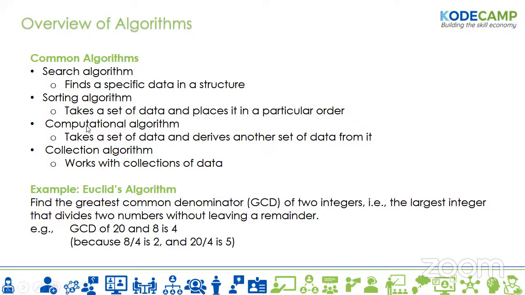Then we have the computational algorithm. Now, this takes a set of data and derives another set of data from it. So that's computational algorithms, and we have a lot of them.